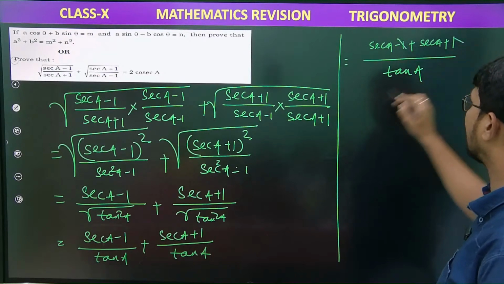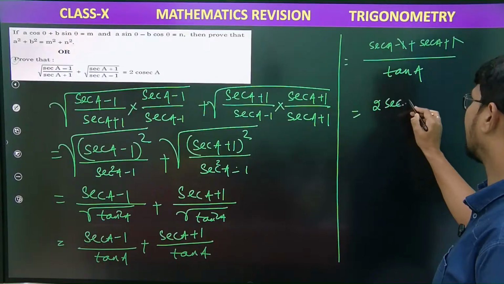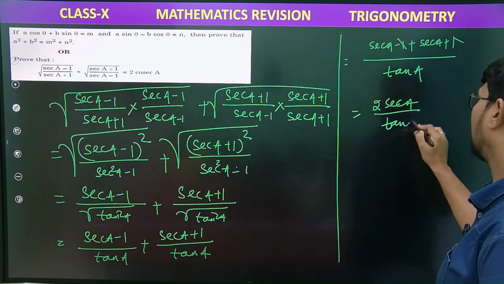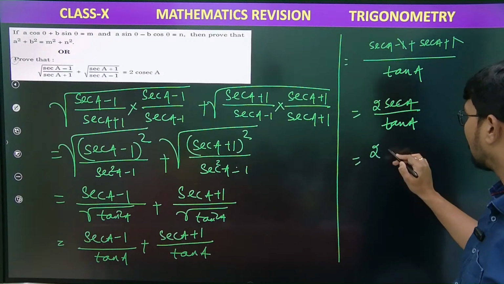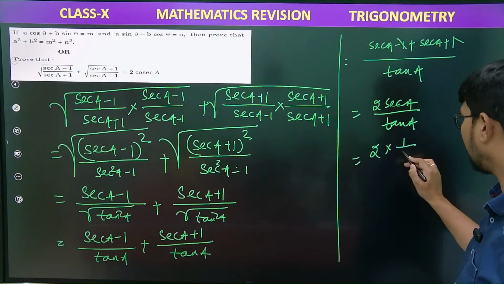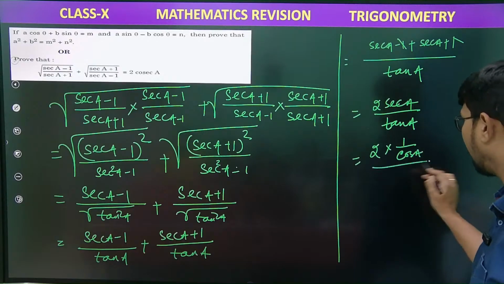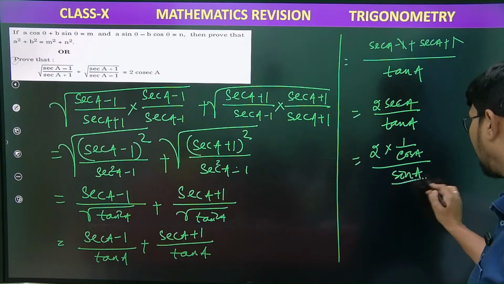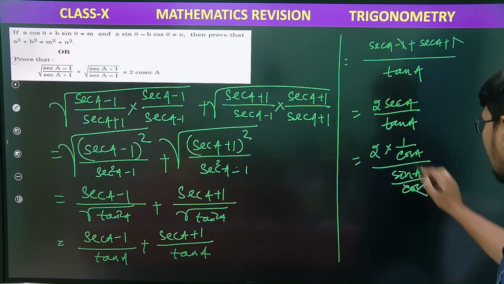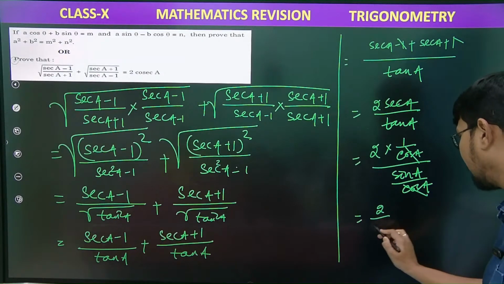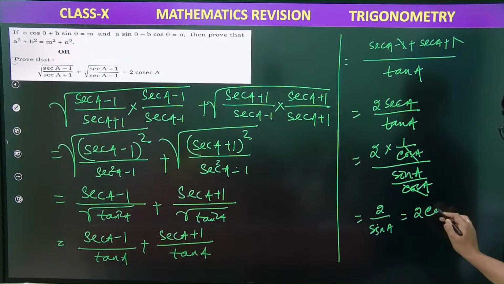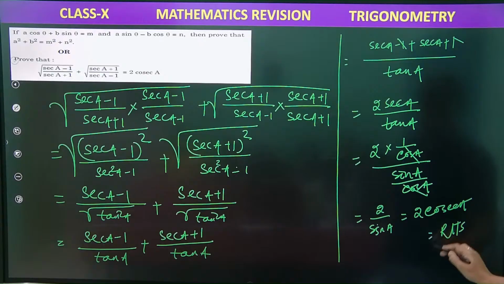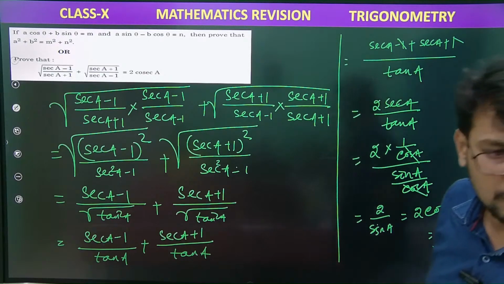So minus 1 plus 1 cancelled. 2 sec a by tan a, which is 2 into 1 by cos a, whole divided by sin a by cos a. Cos cancelled, left 2 by sin a equals 2 cosec a. 2 cosec a is RHS. Clear everyone? Okay, done.